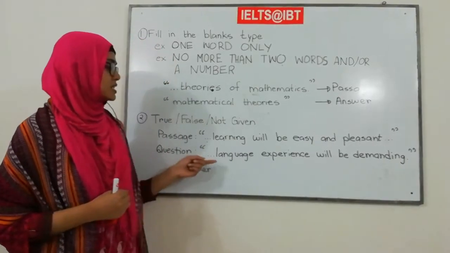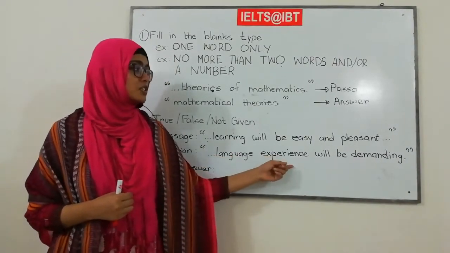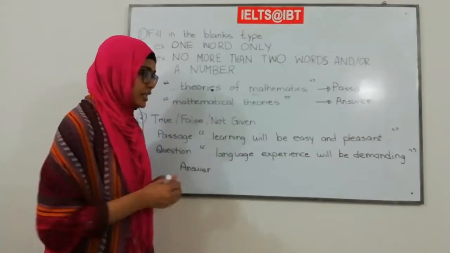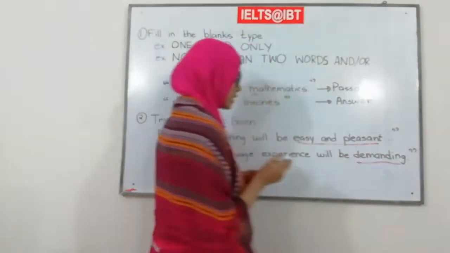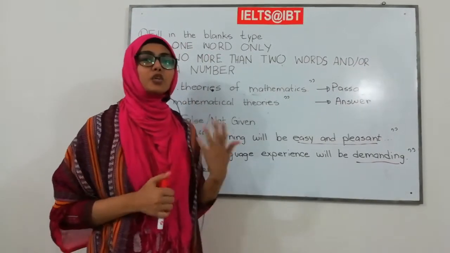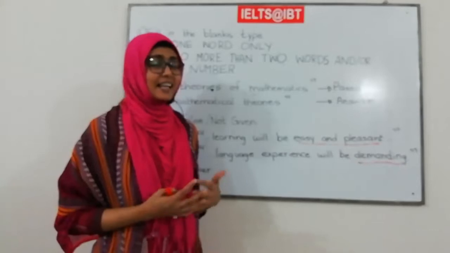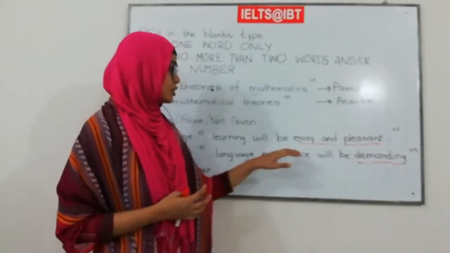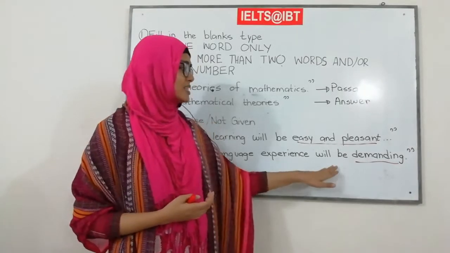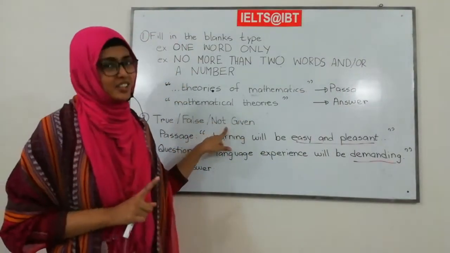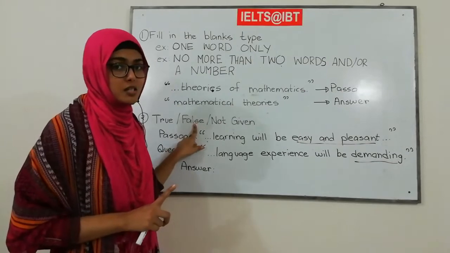But the question may say, language learning will be demanding. Now the key words are easy and pleasant and demanding. Demanding means something requires great efforts and is not that easy. So you can clearly see they are clashing, they are opposites. In this case, we will not choose not given, we are going to choose false.